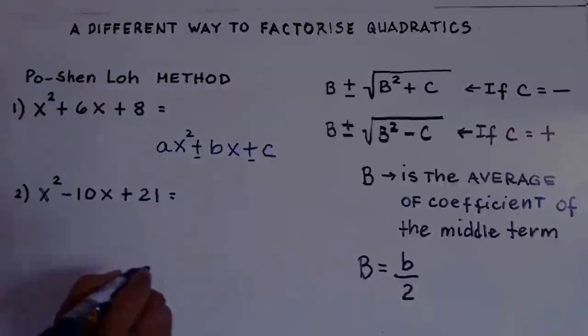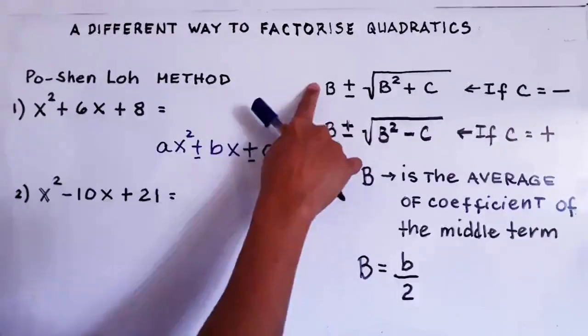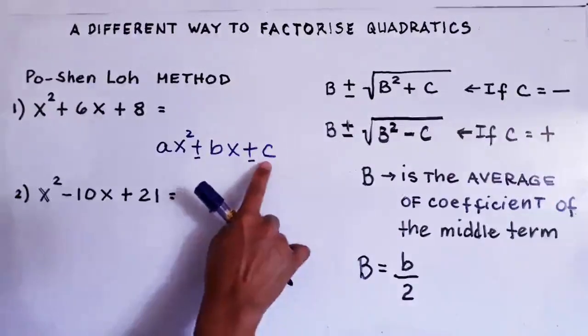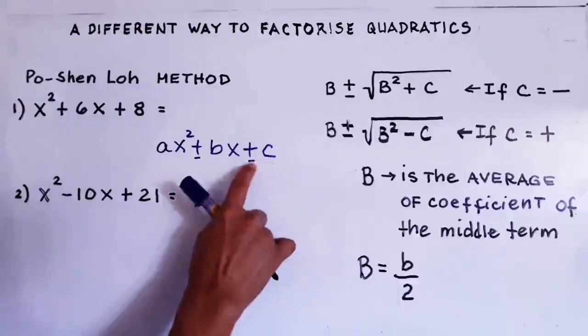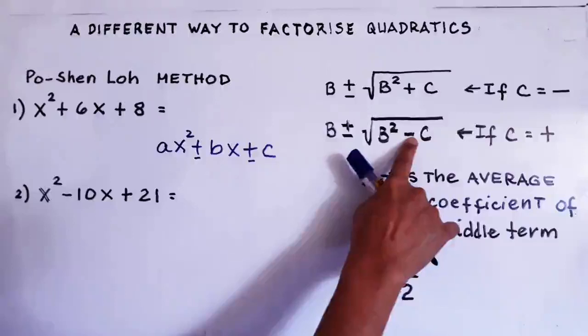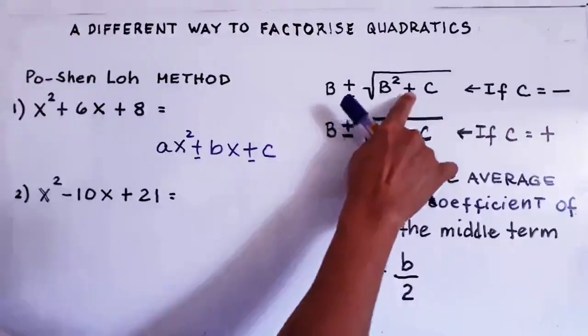In our formula here, class, how do we know if we are going to use this formula or this formula? You look at the sign of the last term c. If that is positive, we change that one to negative here, and we use this one. If it is negative, then we use this one up here.